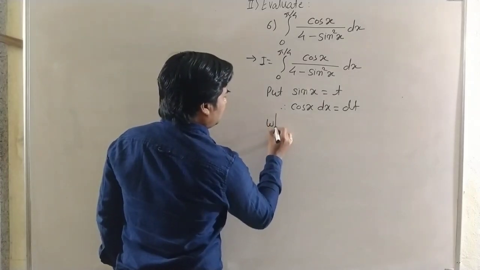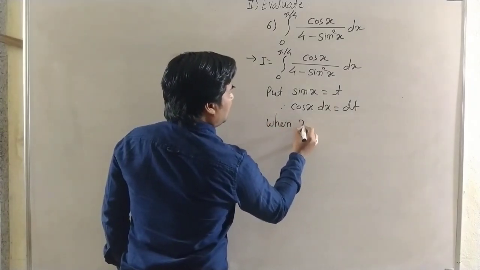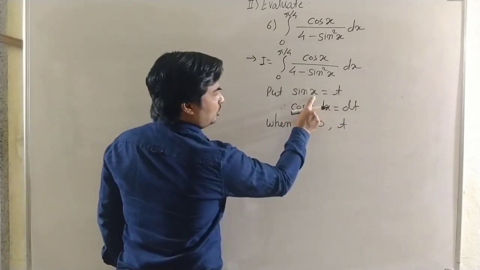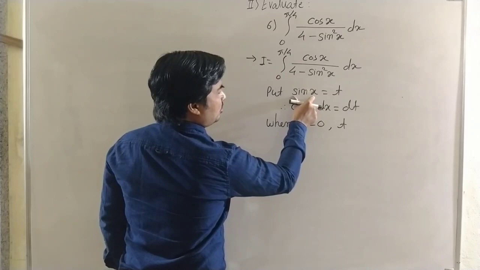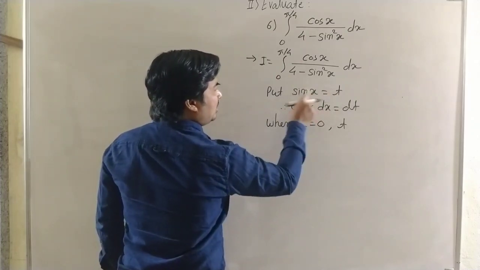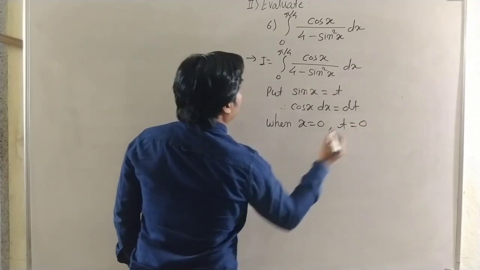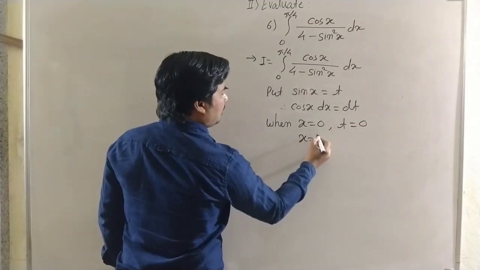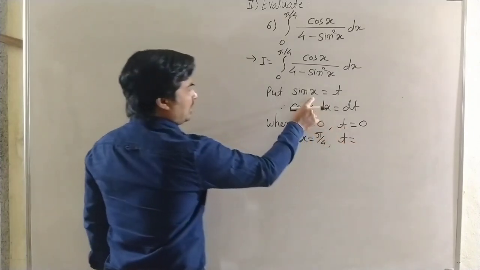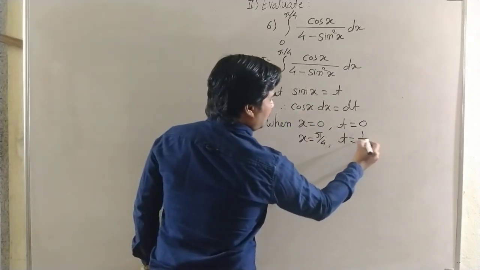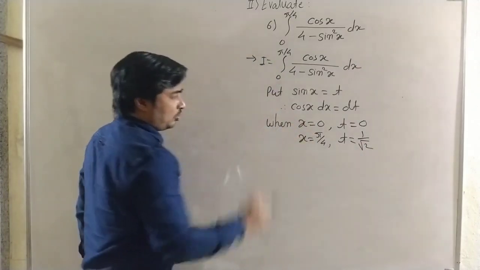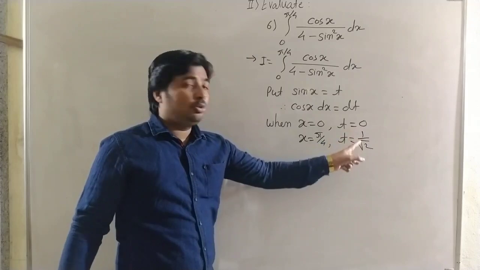When x is equal to 0, t is sin 0, and sin 0 is 0, so t is equal to 0. And when x is equal to pi by 4, t is equal to sin pi by 4, which is 1 by root 2. Originally it is 0 to pi by 4, now it is 0 to 1 by root 2.